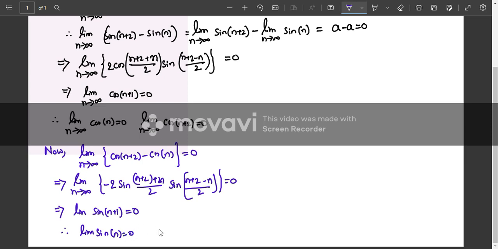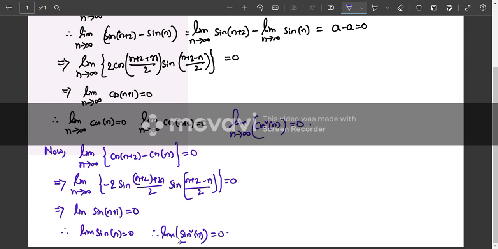Okay, so the limit of sin n is 0, therefore the limit of sin squared n is also 0. And the limit of cos n is 0, so the limit of cos squared n is also 0.